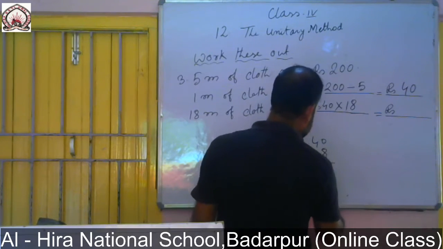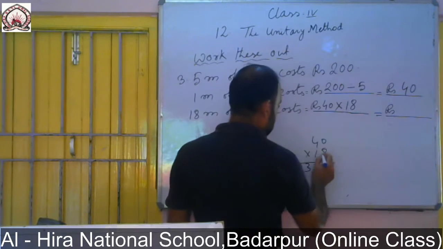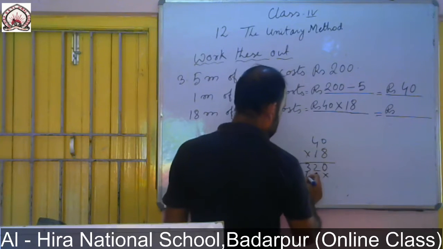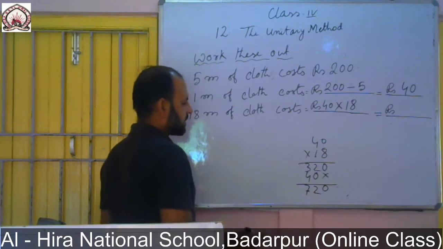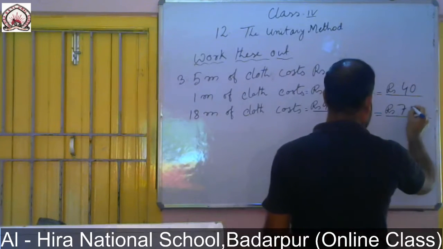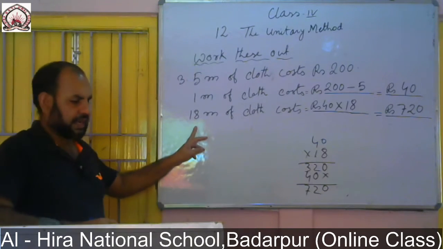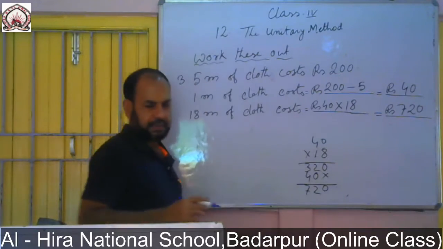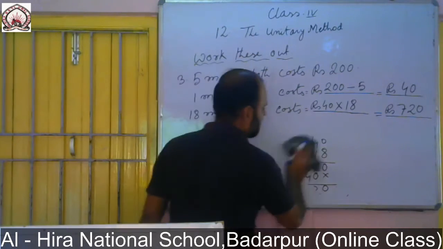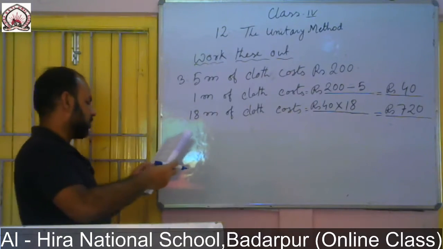The answer is rupees 720. 18 meters of cloth cost rupees 720. Next, question number 4.